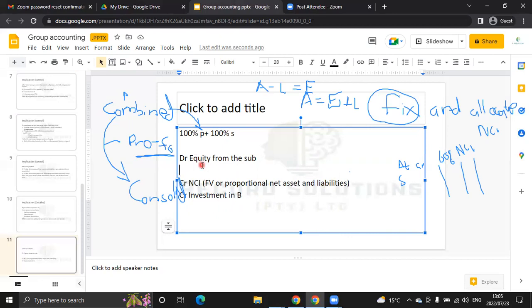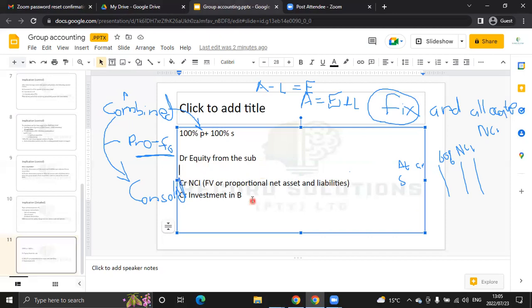Don't forget this equity from the subsidiary. You won't write equity from sub, you'll write literally share capital, retained earnings, all of those equity items from the subsidiary. Like I said, today I'm not going really deep in detail. I want to cover the surface to see why we actually do what we do. So we took away this 40,000, and what's left is 60,000, right?